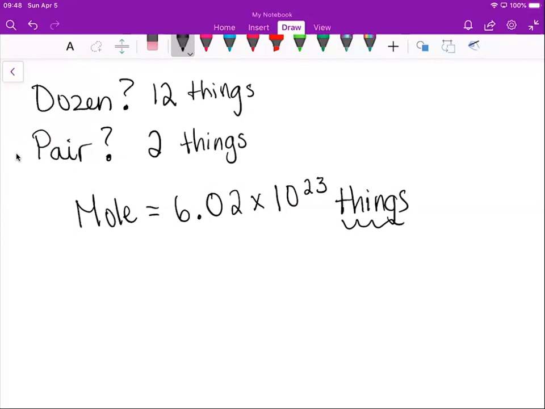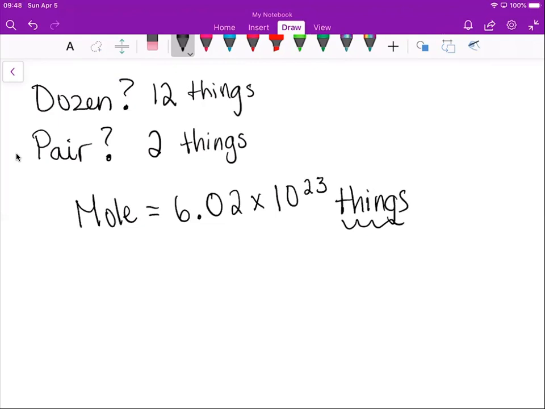You can have a mole of dollars. Gosh, I wish. You could have a mole of birds, even better for me. You can have a mole of, in chemistry, atoms, molecules, ions, formula units. You can have all these different quantities within chemistry, which is why you have to read the question when you're given a stoichiometry question, or one of these questions that uses the mole.